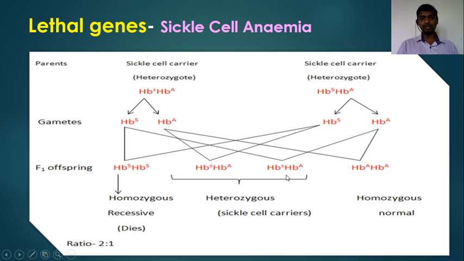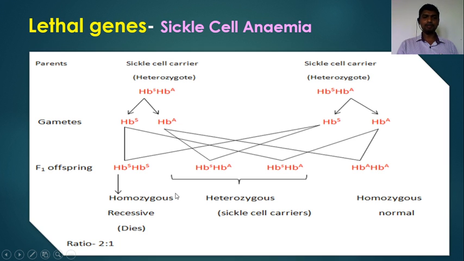But these two heterozygous individuals are the carriers. They possess only one HbS allele and one normal allele HbA. This other individual is homozygous normal. It does not possess the HbS allele, it possesses both normal alleles.